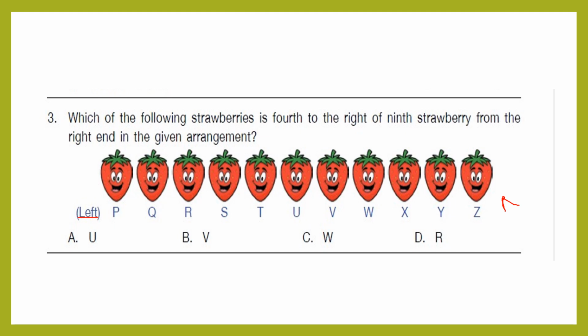If we count from Z, the ninth strawberry is R. The next part of the question said fourth to the right of the ninth strawberry. That means fourth to the right of R. That means S, T, U and V. V is the fourth. So our answer is option B.